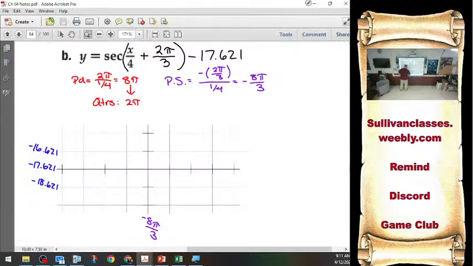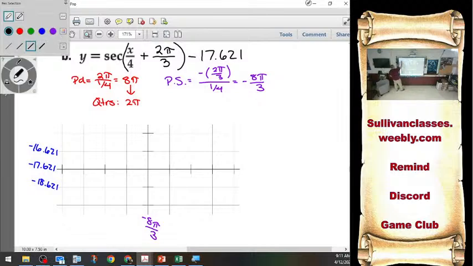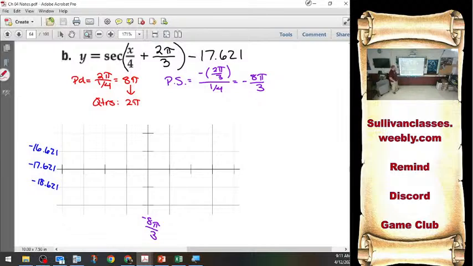Or, if you're good like that, if I'm going to be adding 2 pi onto things, well, that's negative 8 pi over 3. If I'm going to add 2 pi to it, times 3 times 3, I'm going to add 6 pi over 3 to it. So add 6 pi over 3 is negative 2 pi over 3. Add 6 pi over 3, now I'm at 4 pi over 3. Add 6 pi over 3, I'm at 10 pi over 3.